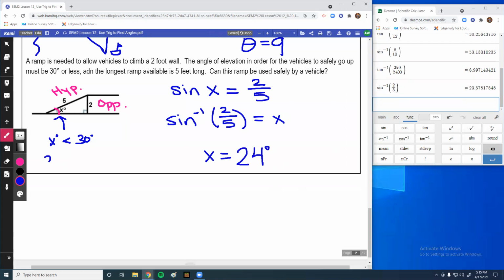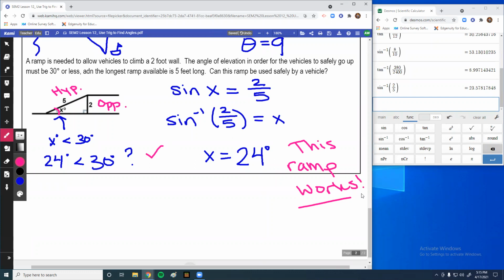So now we check, is 24 degrees less than 30 degrees? Question mark. And the answer is yes. So this ramp works. And there you have it, guys, solving for an angle.